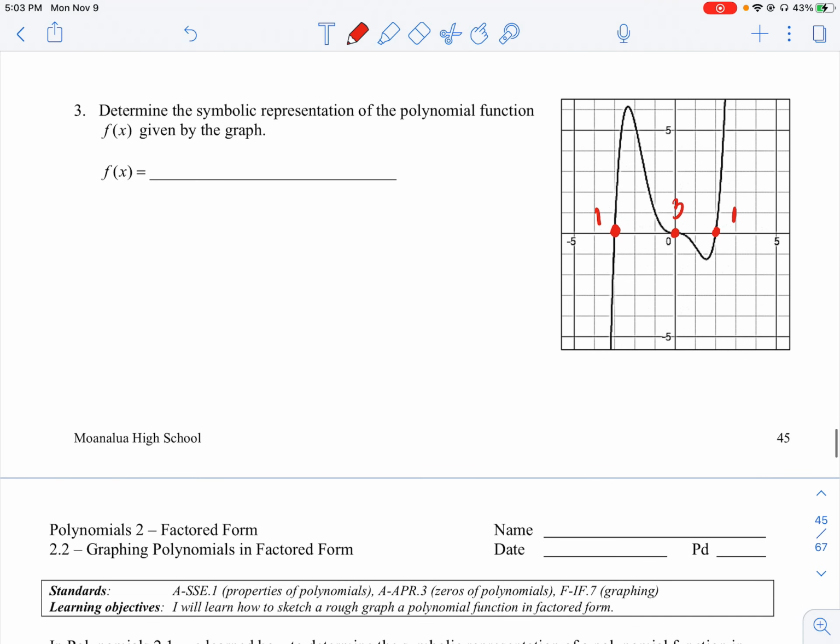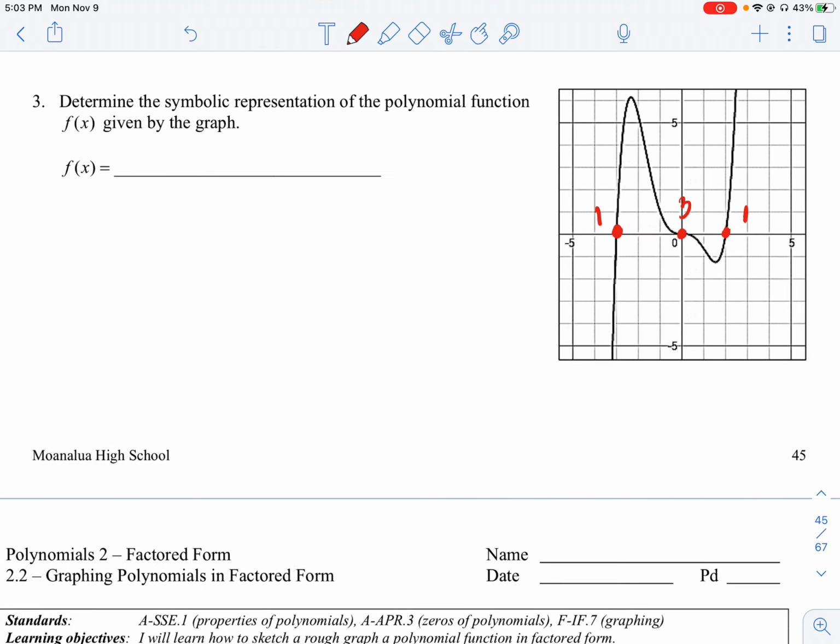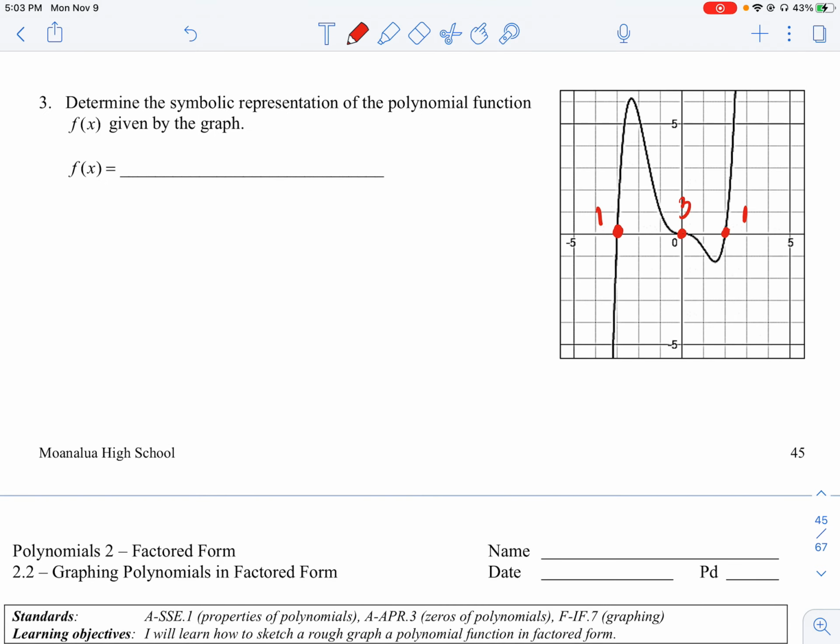Okay, here's the scenario for number 3. I'm gonna start it and you guys are gonna have to finish it, okay? I have x-intercept, 1, 2, and 3. Negative 3 comma 0. Followed by an x-intercept at the origin, 0 comma 0.